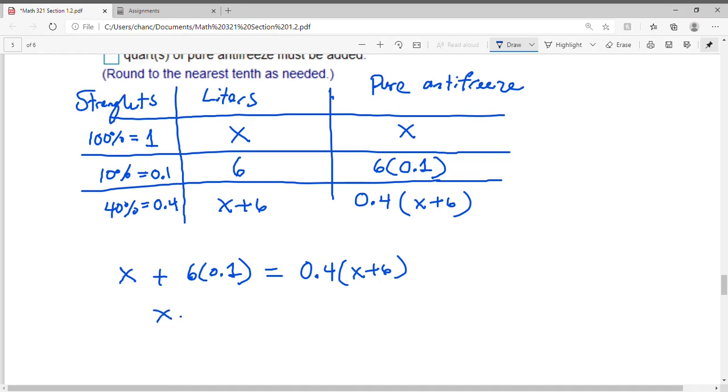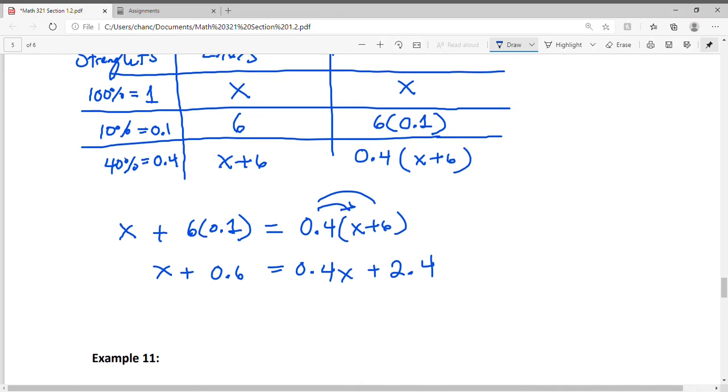Let's simplify. This is x plus 0.6 equals, we'll distribute, 0.4x plus 2.4, and now we could solve for x. Let's subtract 0.4x from both sides, and then we'll also subtract 0.6 from both sides.